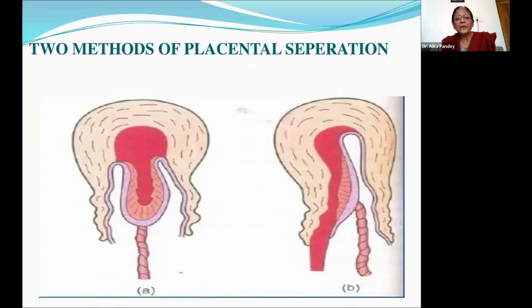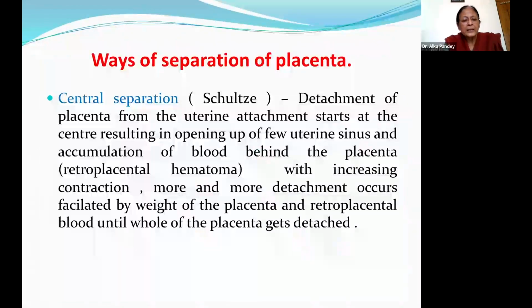Now there are two methods of placental separation. Next. Here you can see this. What happens? There is central separation. This is known as the Schultze method of placental separation. What happens?